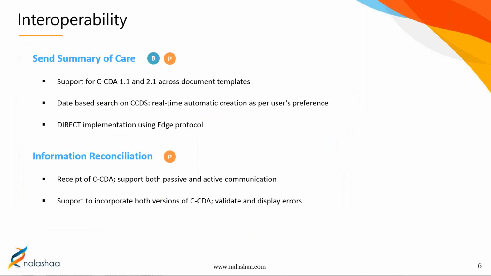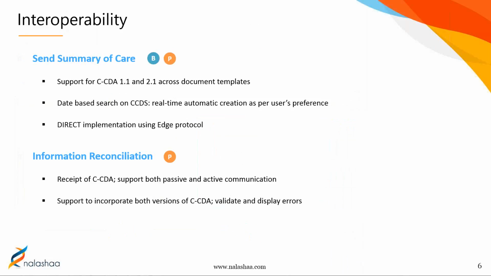When it comes to summary of care and transitions, another important factor is security. To implement security, we have to implement Direct using the Edge protocol. This is a higher level of security that CMS is expecting to ensure there is no data breach and the PHI is secured.